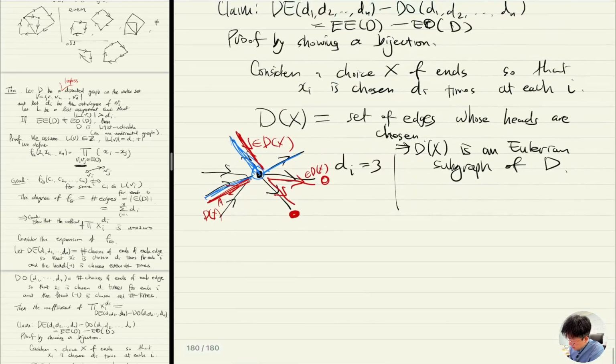Why? This is because, right, at each vertex vi, you have some edges going out, some edges coming in, and let's say these were chosen, the head of them was chosen and tail was chosen.